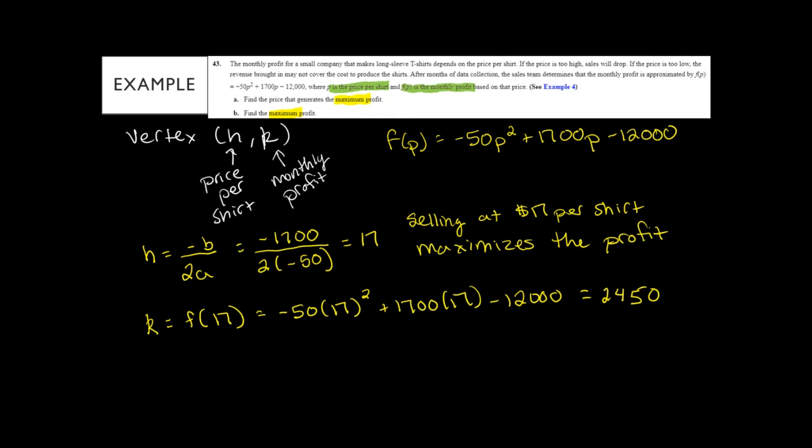So it's always good to have a second check and make sure that we didn't mess up here. So if we put this in a sentence, we would say the maximum profit is $2,450. And so that would be the maximum that you would make in that month if that is what your sales price would be on a t-shirt.